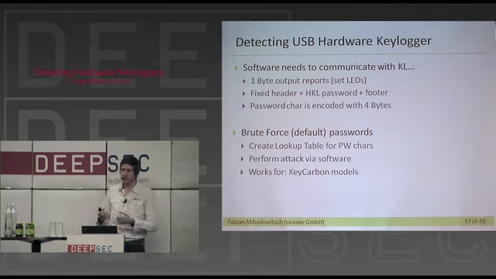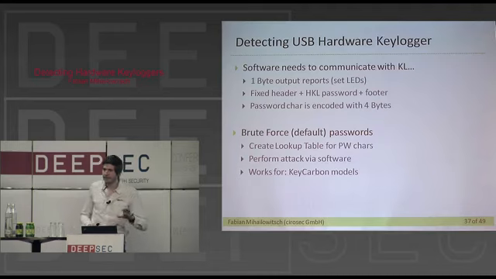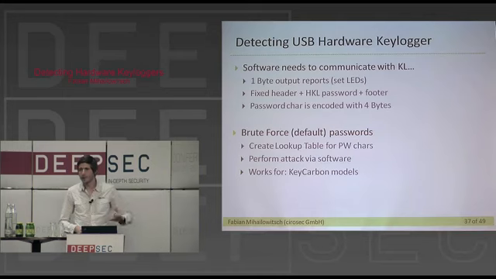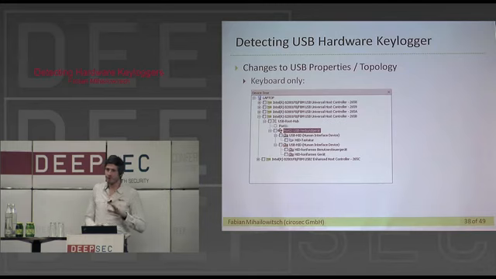So what you can do, you have the header, you have the footer, and you can create a lookup table for the password chars, and you can try to brute force the password via software, basically. And it works, but it just works for Keycarbon models since it's the only vendor I found that provides a software to read out the keystrokes. Sad.